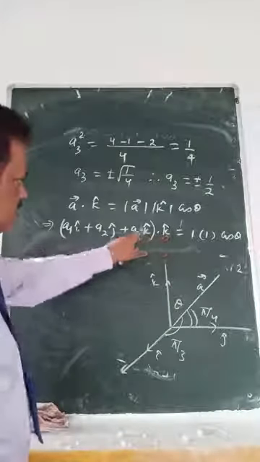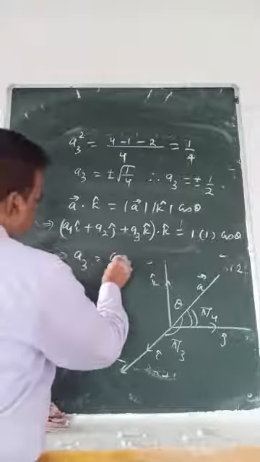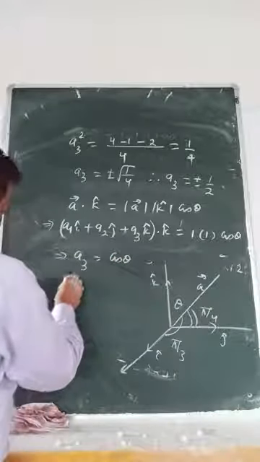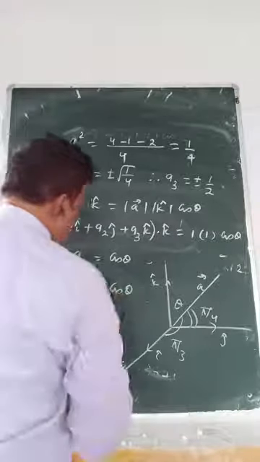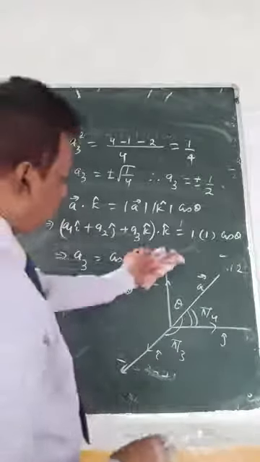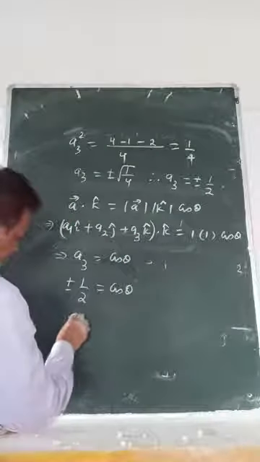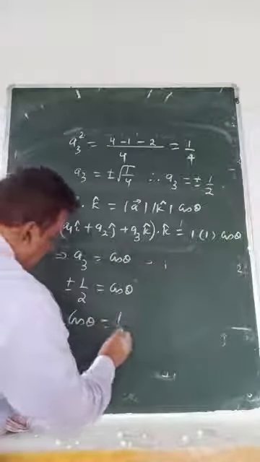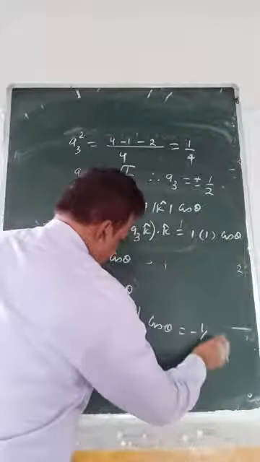So K dot K will survive. That means A3 equals cos theta. So plus minus 1 by 2 equals cos theta. So two parts you are getting. What are those two parts? You are getting cos theta equals half, cos theta equals minus half.